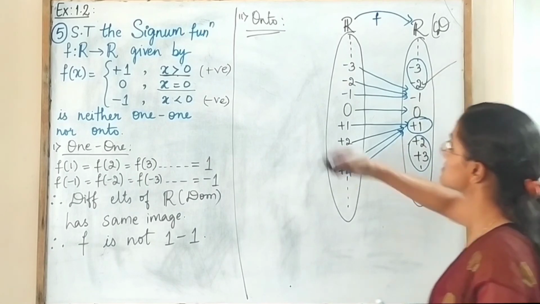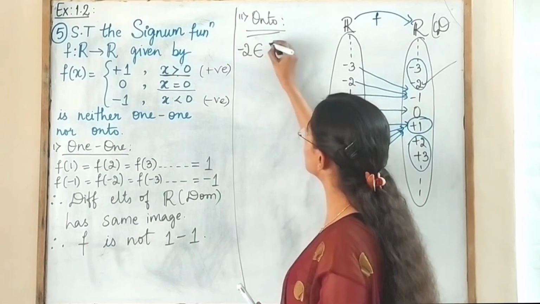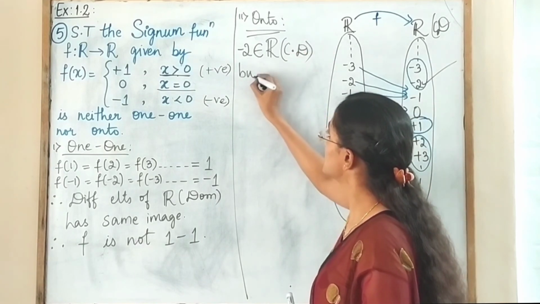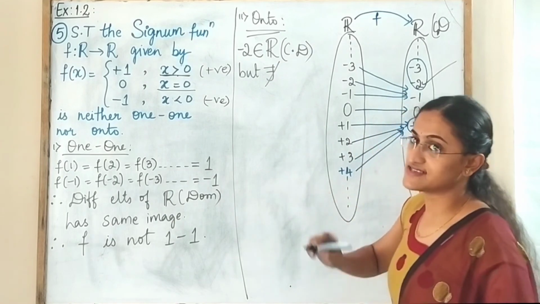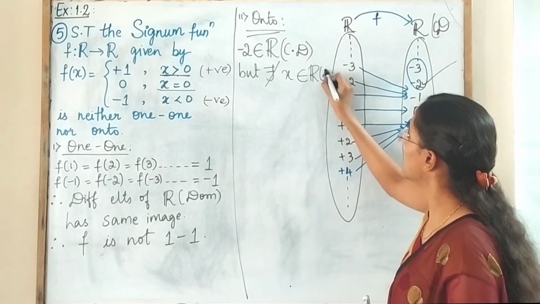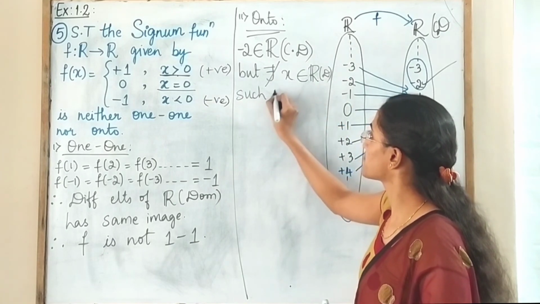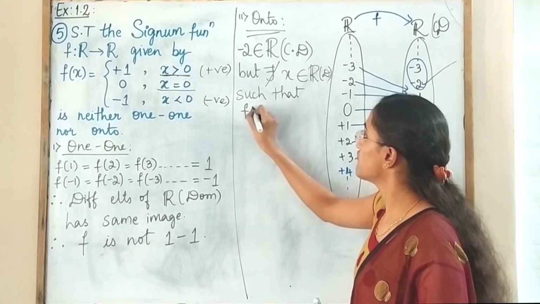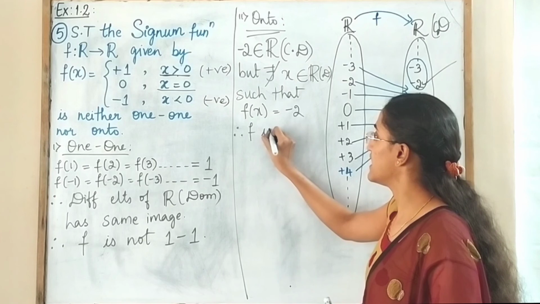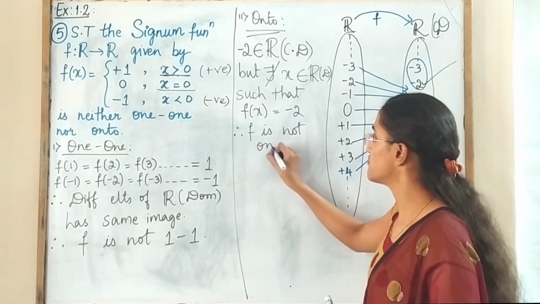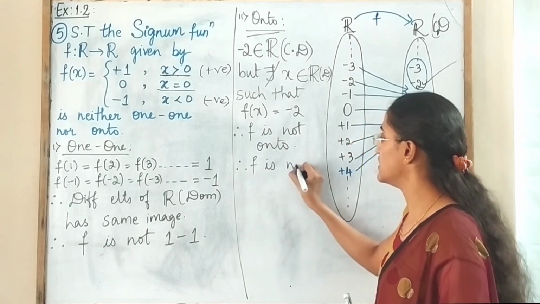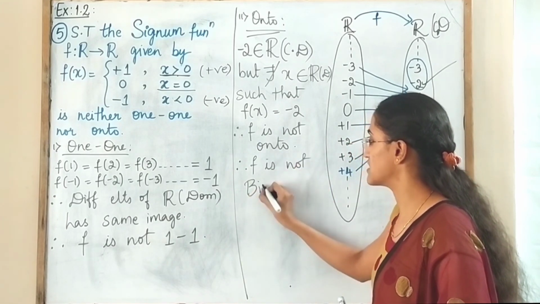Okay, if I am choosing -2, -2 belongs to the real number set, that is the codomain, but there does not exist any x which belongs to the domain R such that f of x is equal to -2, and therefore f is not an onto function, and obviously you can conclude f is not a bijective function.